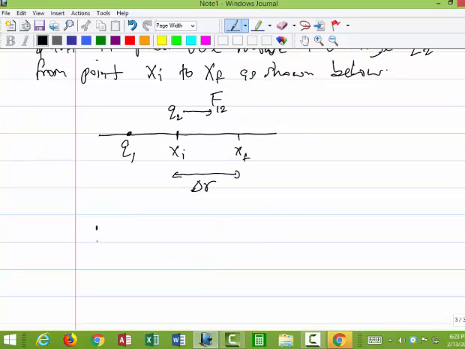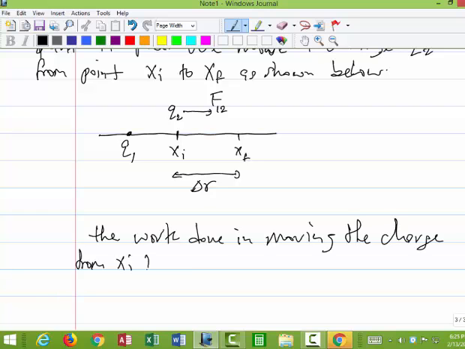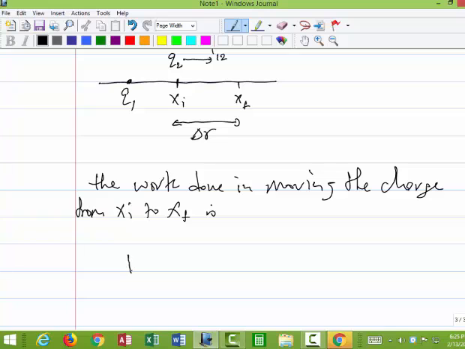So we can say that the work done in moving the charge from X initial to X final is work. So we can just calculate work again. The work is equal to the integral of F dot ds or dr, or actually let's use x since we are along the x-axis. Your book uses x.